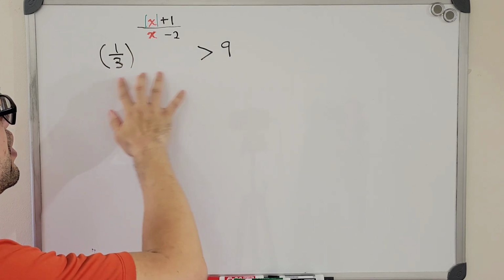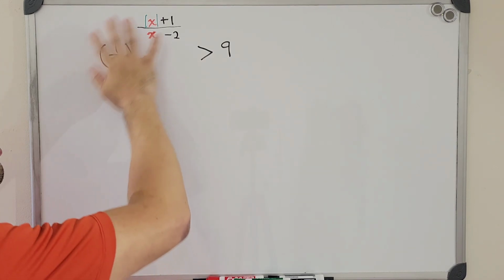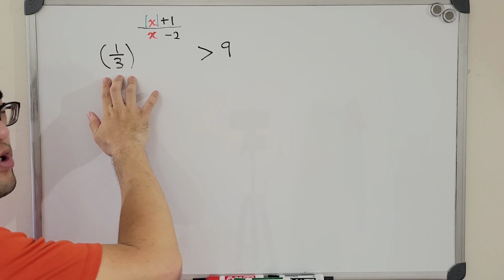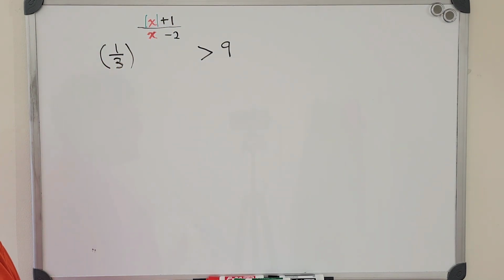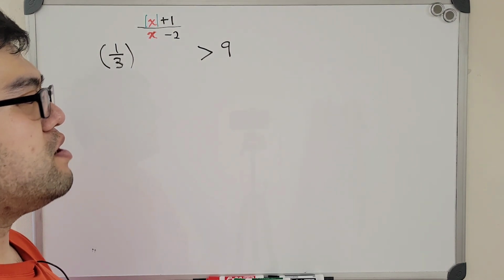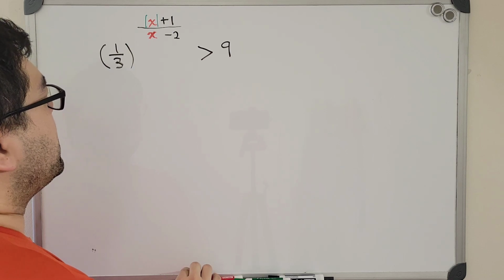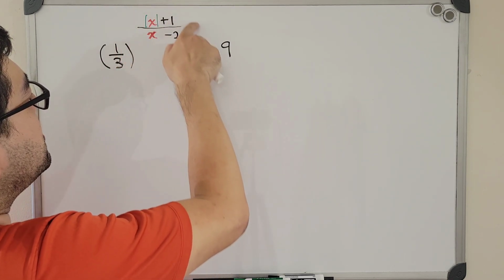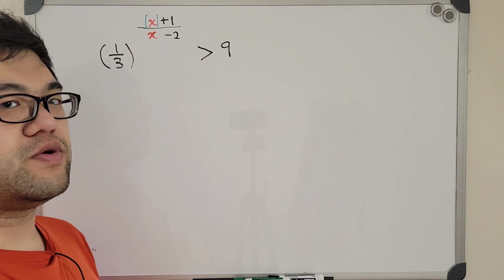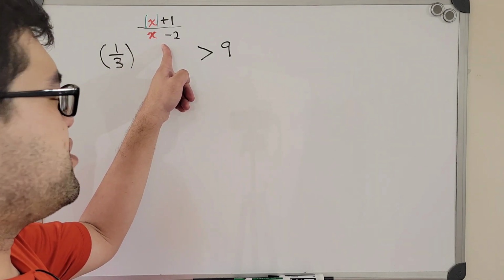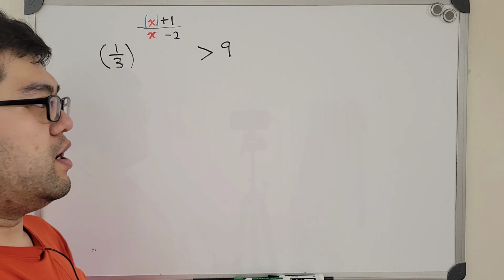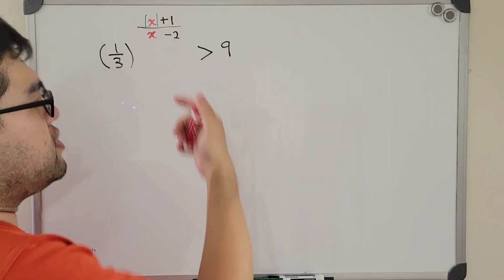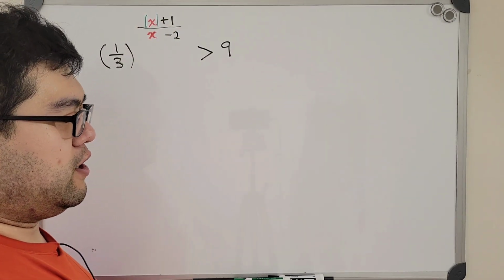You can think that on the left hand side we have some certain base raised to a power that is in terms of the variables instead of just constant numbers. As well as we have the fraction inside, which you can think of as a rational function, because in the denominator of that fraction, it also contains variables.